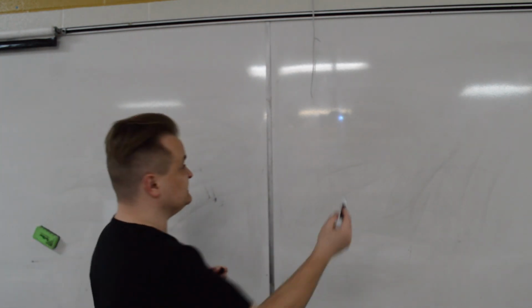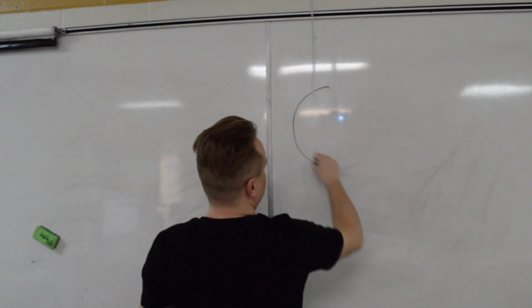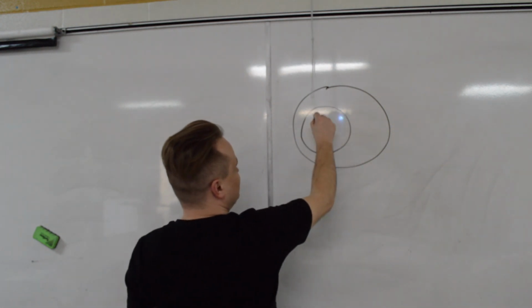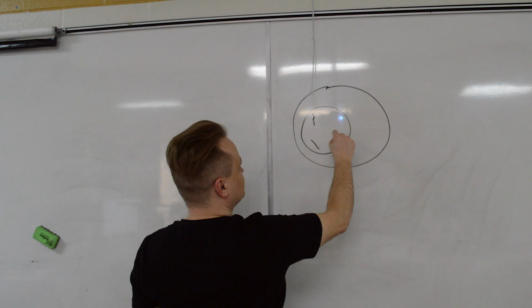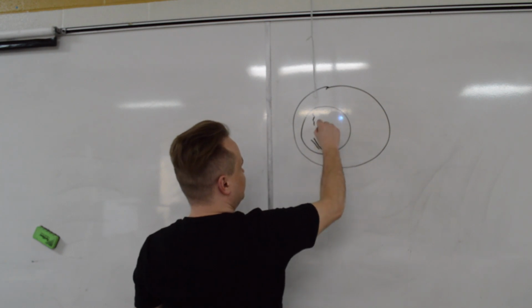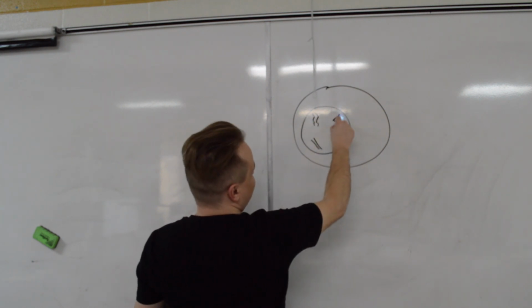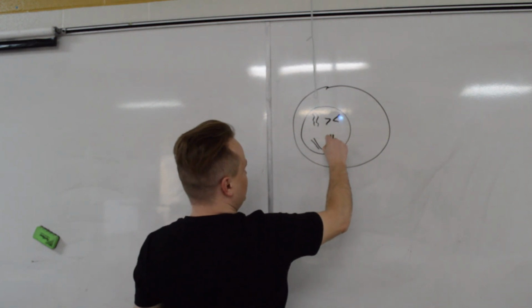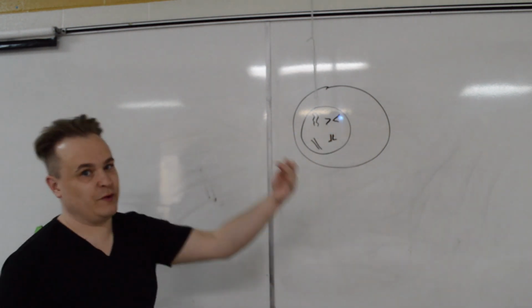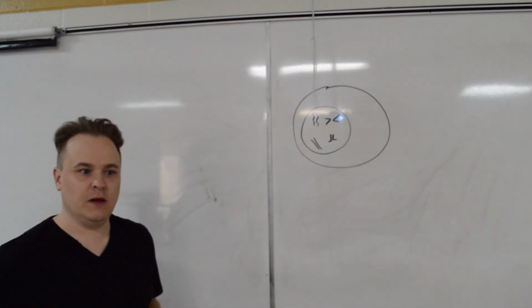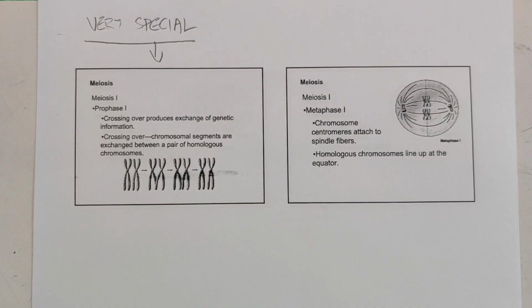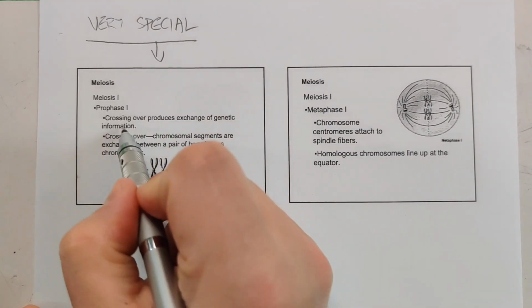If this was your cell to start with before it divides, and you had in your nucleus all your pairs of chromosomes. So you had 23 pairs because you're human. I've only drawn 4.